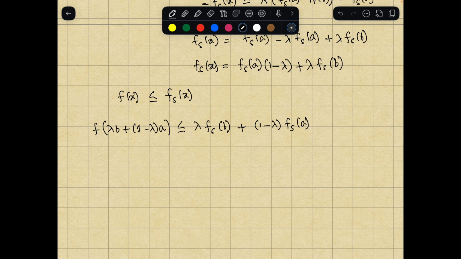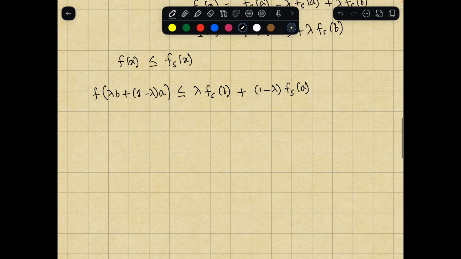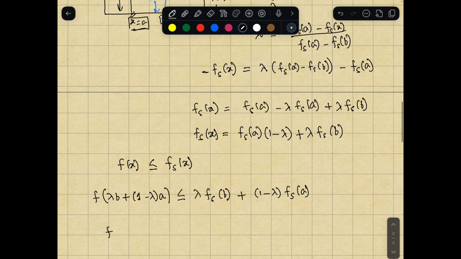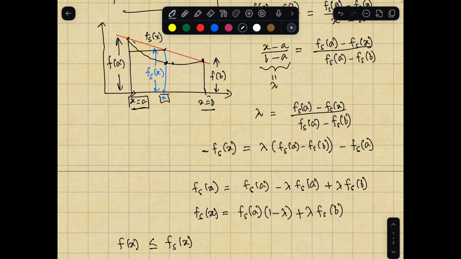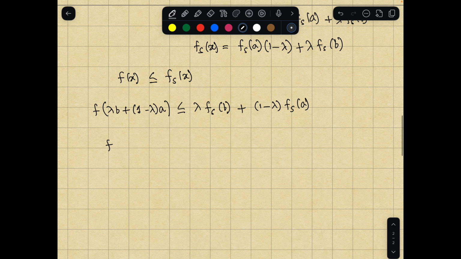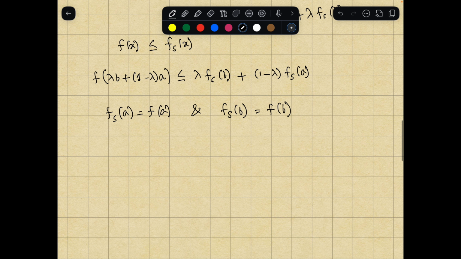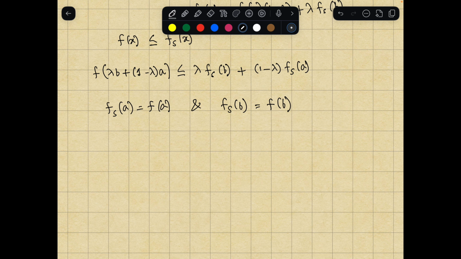Now here is the crucial point. Here we see that fs of a and f of a are the same, right, because they meet at the same point. So we have fs of a equal to f of a and fs of b equal to f of b. Therefore we have our desired result.